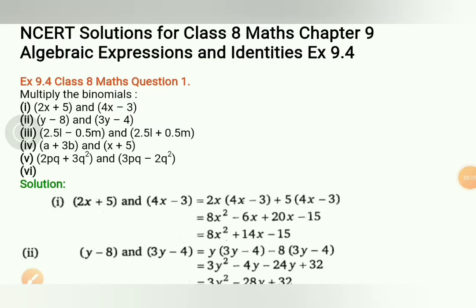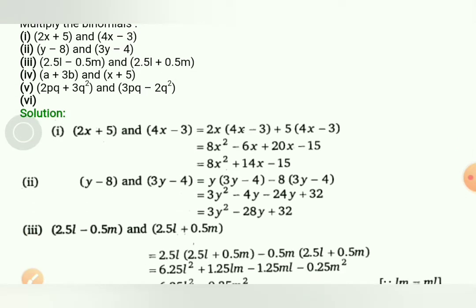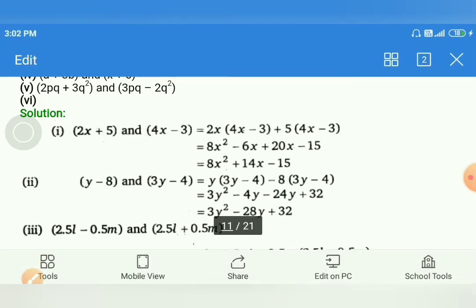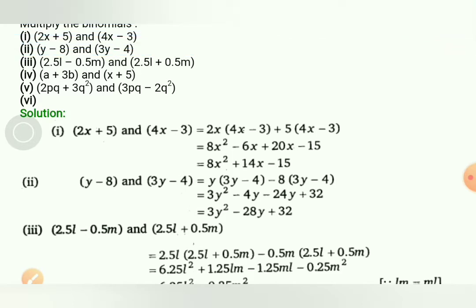Here it is given 2x plus 5 and 4x minus 3. So we will multiply 2x with the whole term, that is 4x minus 3, and the second time we will multiply 5 with the 4x minus 3 term, and we will solve. We will open the bracket and do the necessary operations. The answer will be 8x square plus 14x minus 15.